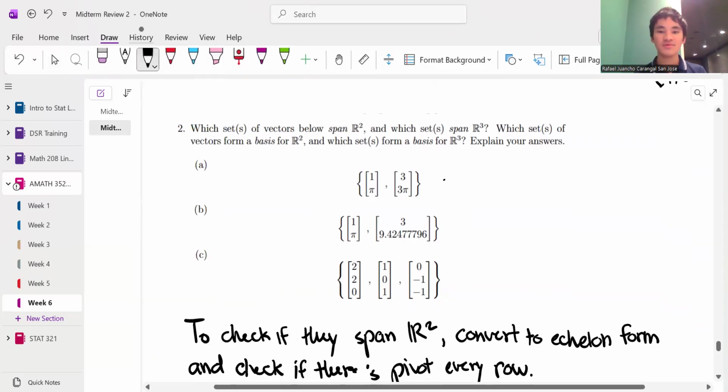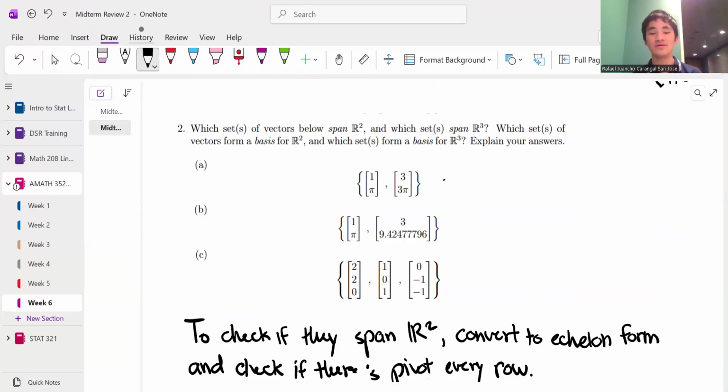Here we see that this is a linearly dependent set because the second vector is just 3 times the first vector. So v2 is a linear combination of v1.